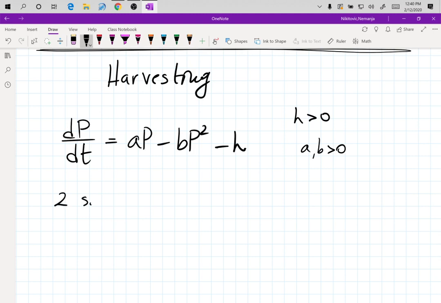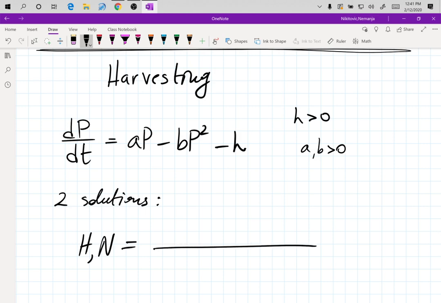Two solutions, capital H, comma capital N. In the past, you just had the P because it was a single solution. And here is the solution.